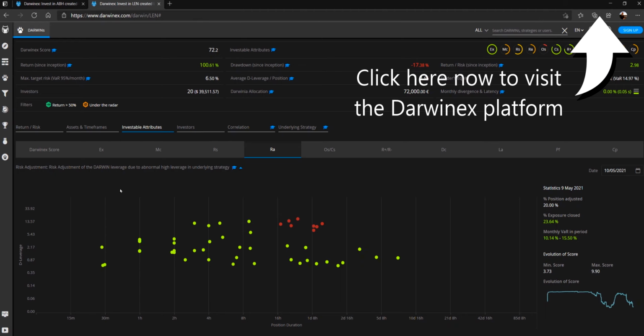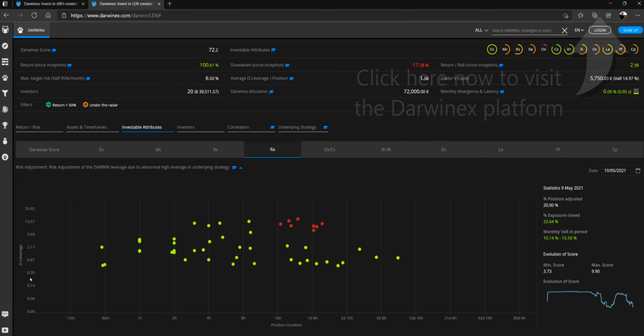Now, I mentioned before that the y-axis was a measure of the deleverage. And this is a measure of the risk of an individual trading decision. And in order to come up with an assessment of that risk, it looks at what the volume of the position was compared to the current equity in the account.